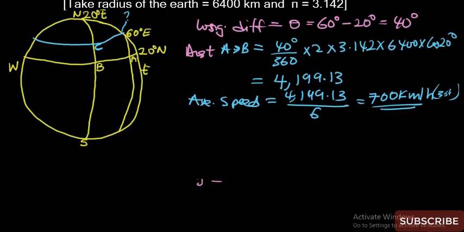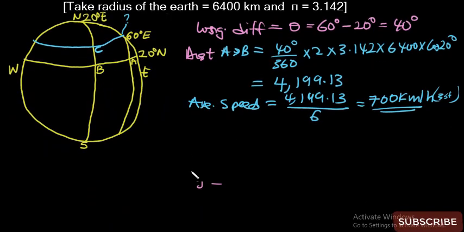We're still going to use the same formula, the length of an arc. The distance traveled from B to C is 420 kilometers, as shown in the question.